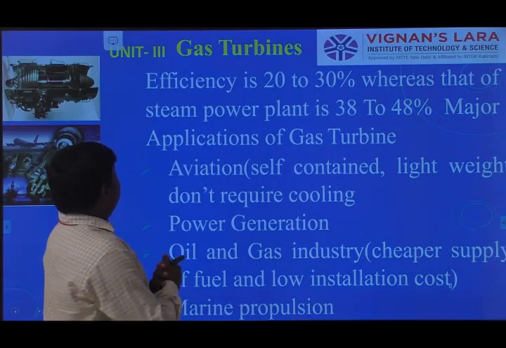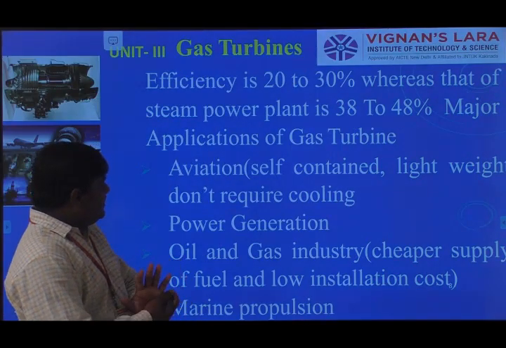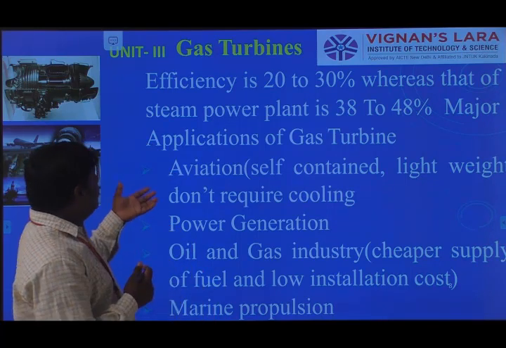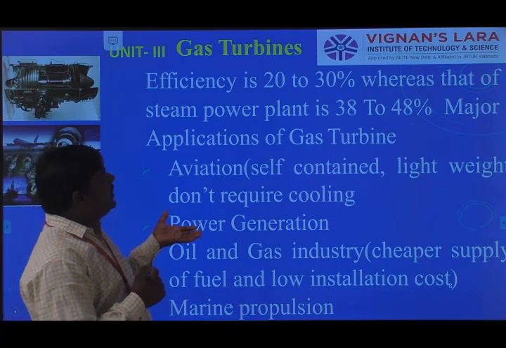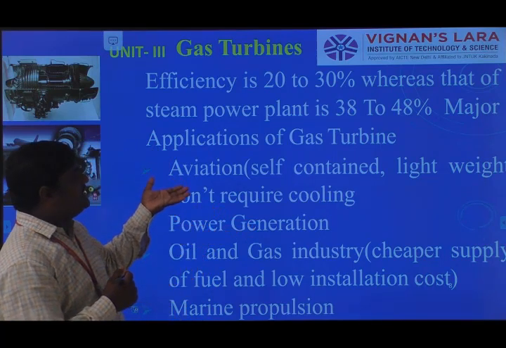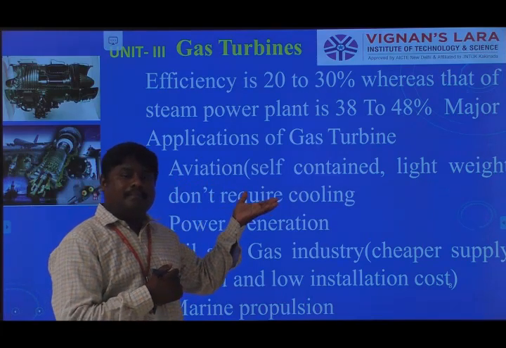So efficiency. For gas turbines, we see some of the important percentages. The efficiency of a gas turbine is 20 to 30%, whereas that of a steam power plant is 38 to 48%.